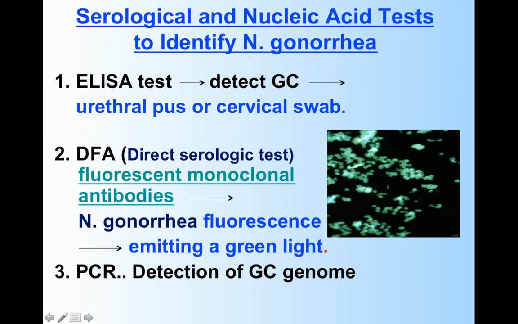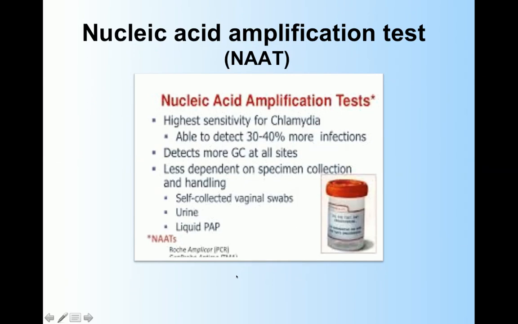PCR is done. The most sensitive test is PCR, polymerase chain reaction, where you're going to detect the gonococcal genome. Nucleic acid amplification test or NAT test, we have already discussed this while we were doing chlamydia. And for performing NAT test, you can take either vaginal swabs or the urine swabs as we did with chlamydia.